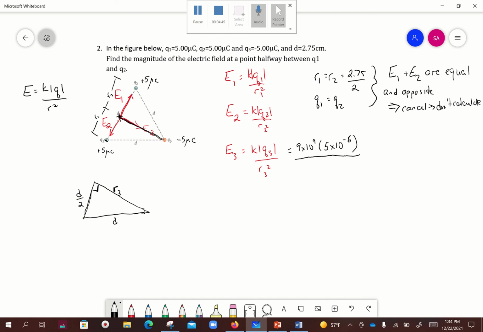So what I know is, by Pythagoras' rule, the hypotenuse, which is the D, is equal to the square root of the sum of the squares of the two sides. So I know D squared is equal to (D over 2) squared plus R3 squared. It's just Pythagoras. So if I want to find R3 squared, which is what I want for my denominator, I need to take that (D over 2) squared to the other side.